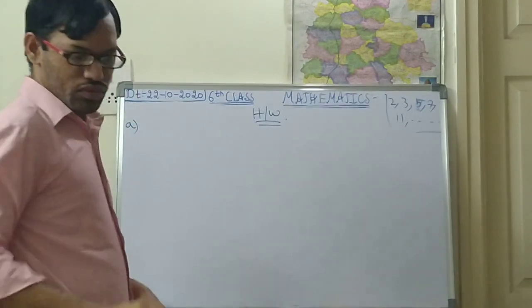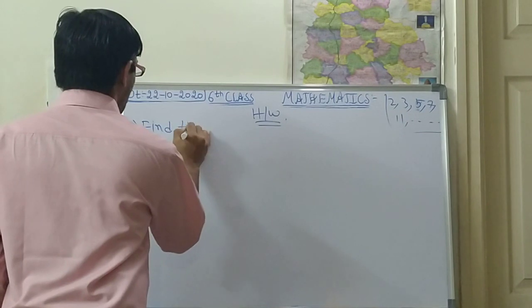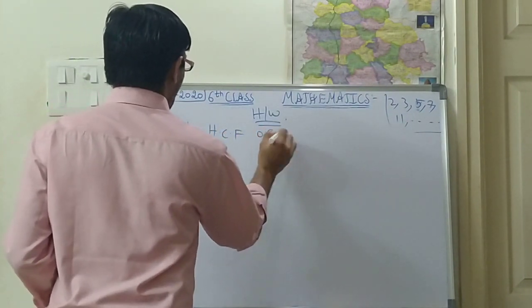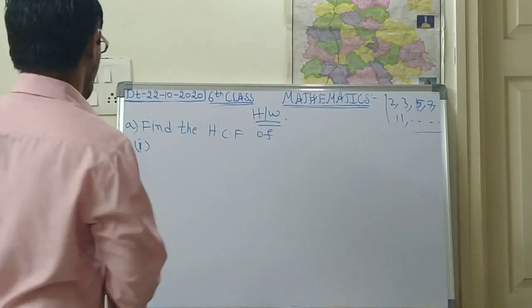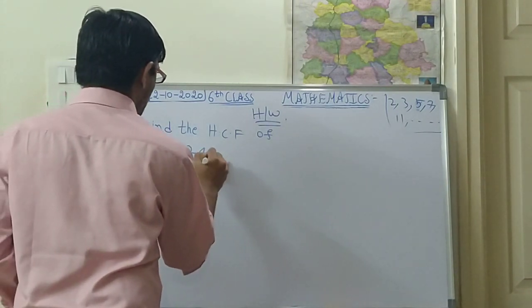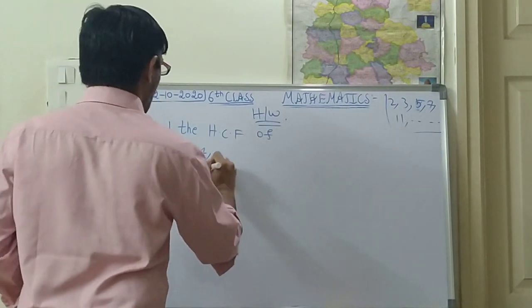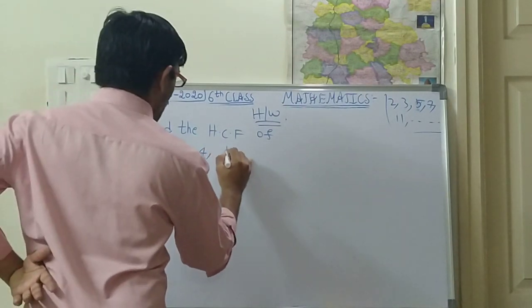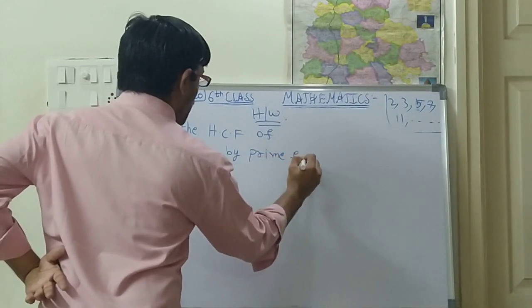First one: find the HCF of 12, 24 by prime factorization method.